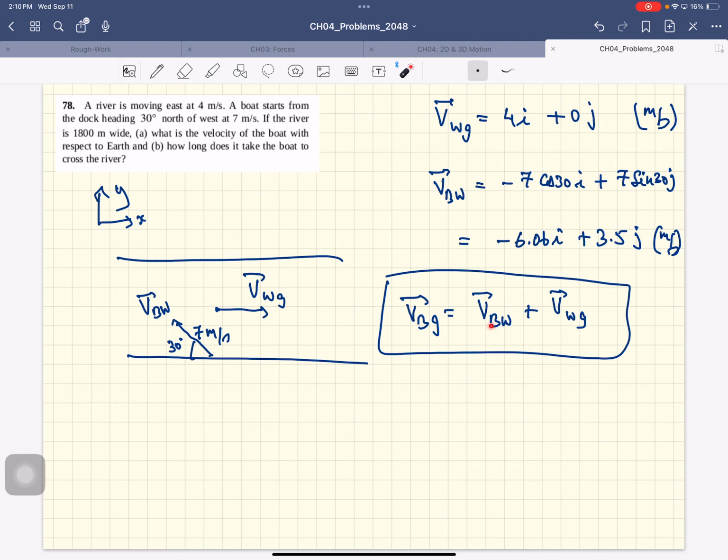This vector plus that vector, so let's just add the two vectors.